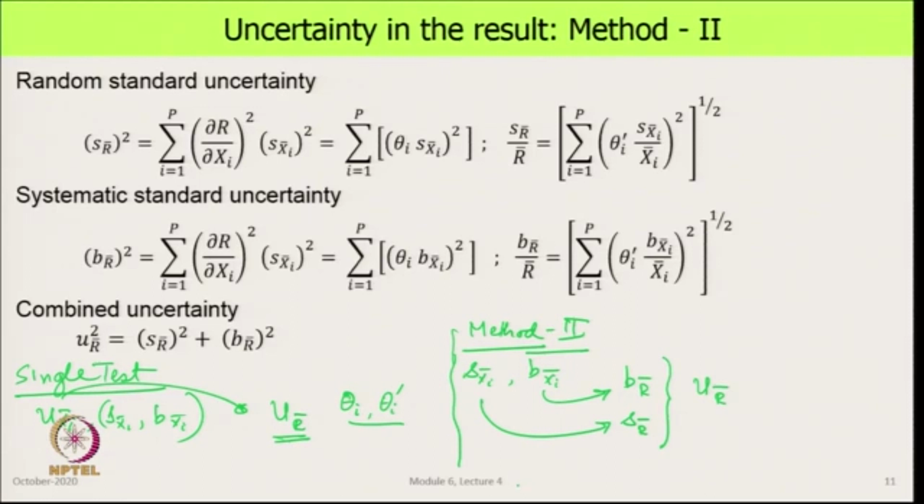So, we have used the same data that was there in the single test. So, this is also a single test, but we did not do the calculation from here to here in the beginning. We let it stay as it is. We calculated the other two parameters and then calculated this one. So, now what do we have finally?